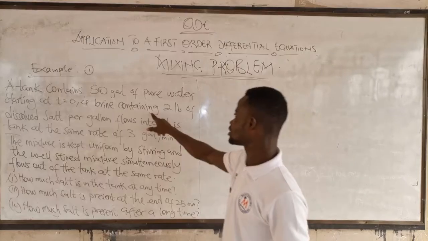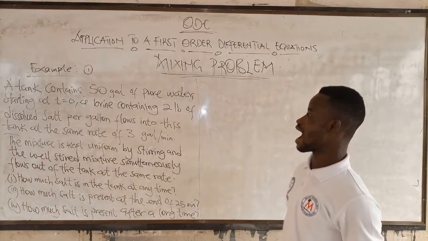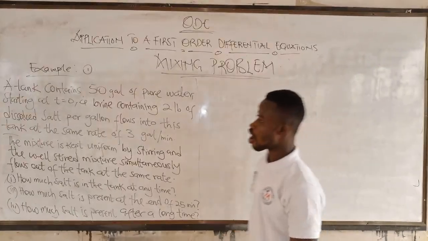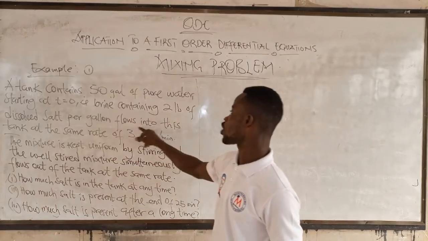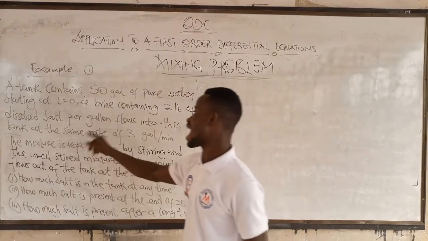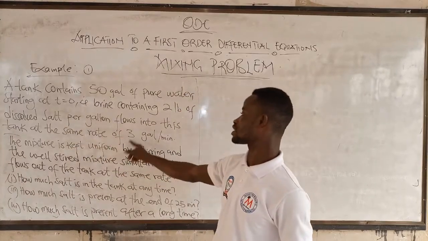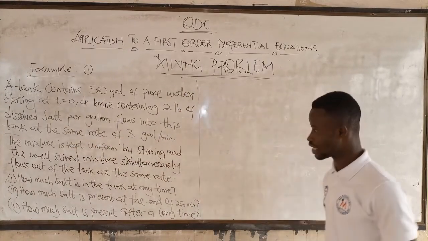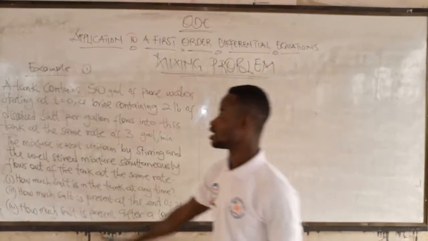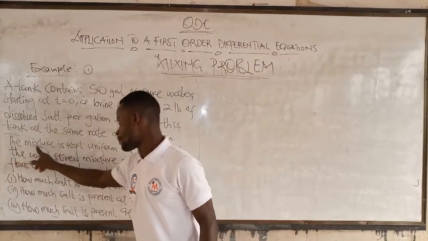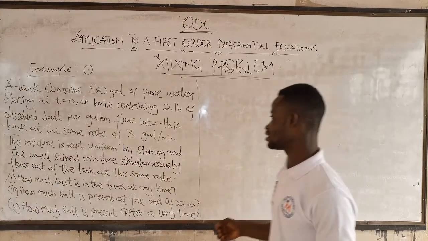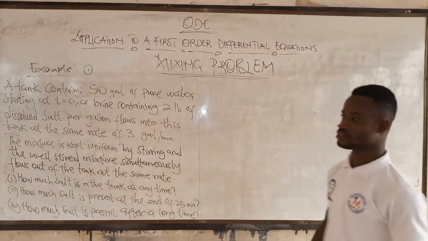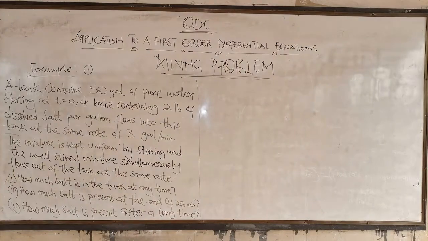A brine containing 2 pounds of dissolved salt per gallon flows into this tank at the rate of 3 gallons per minute. The mixture is kept uniform by stirring, in the well-stirred tank.